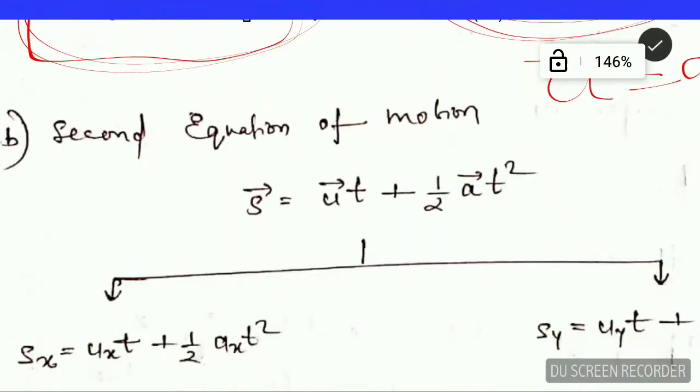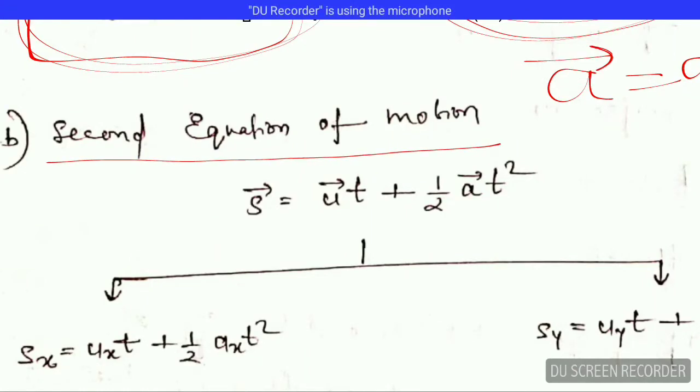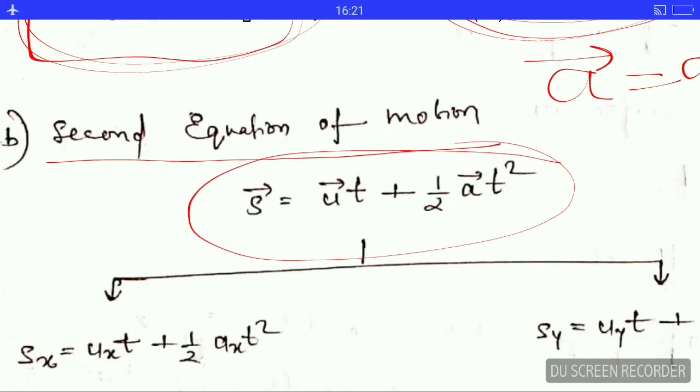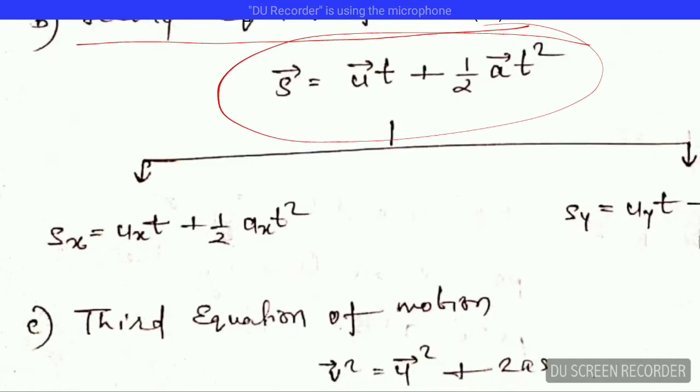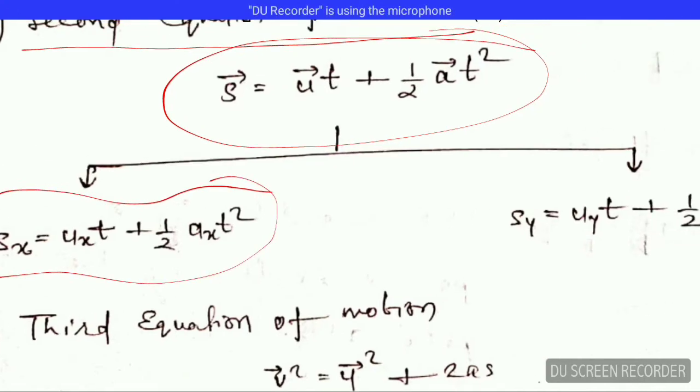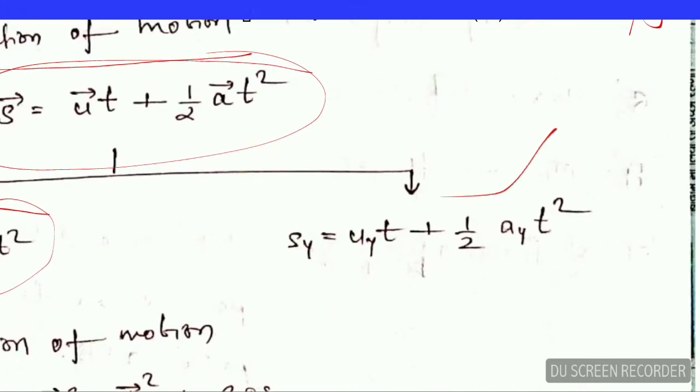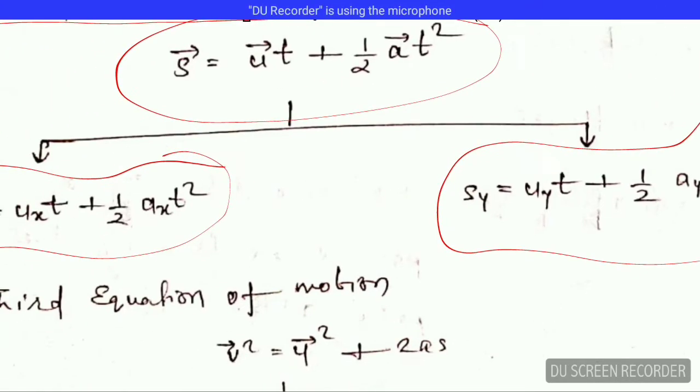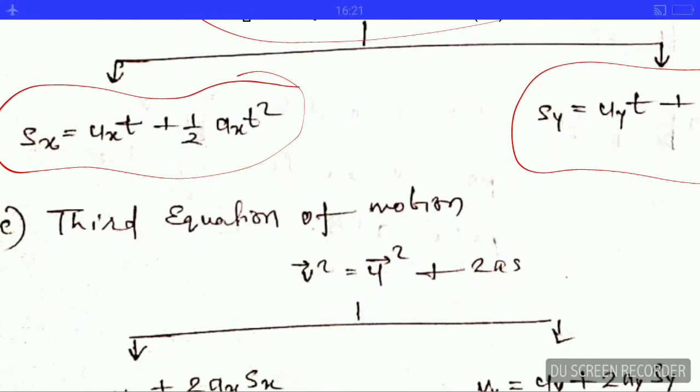Now the second equation of motion, we all know the second equation of motion. Here it is written in the vector notation. Okay, and in the x dimension, the equation of motion will be like this, and in the y direction the equation of motion will be like this. Okay, so now let's come to the third equation of motion.